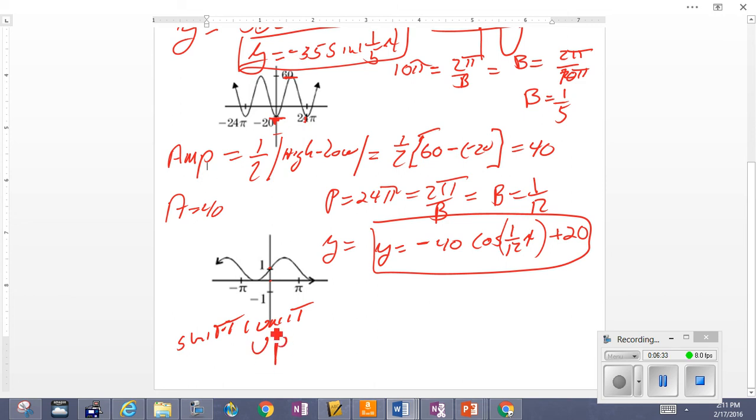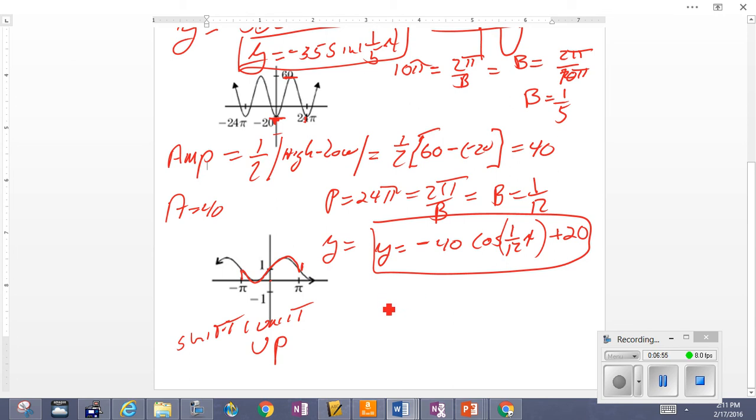Now, it appears as if we reach a low point, go back to our high point, and at this point here it seems like we're going through one full cycle.